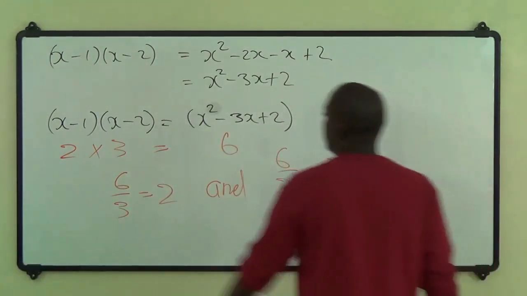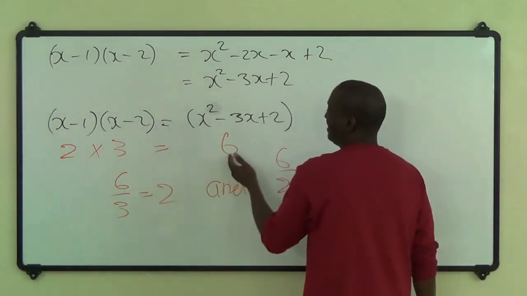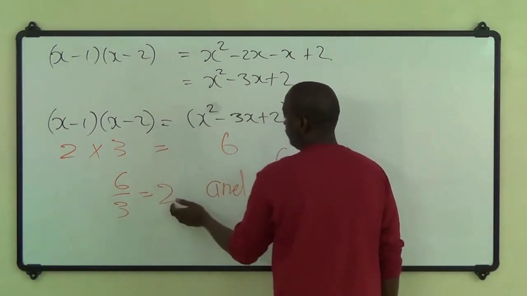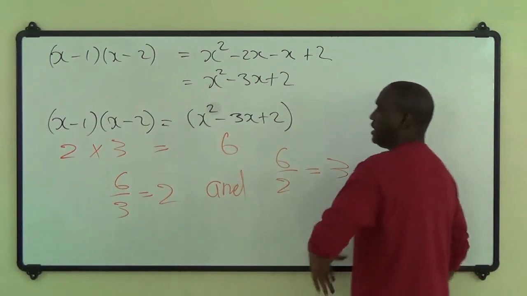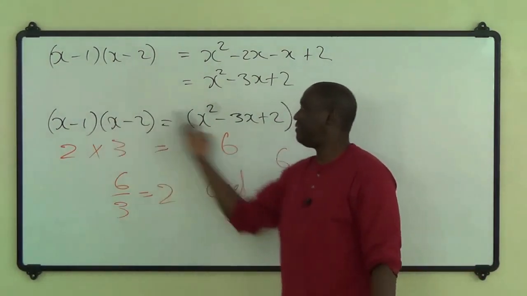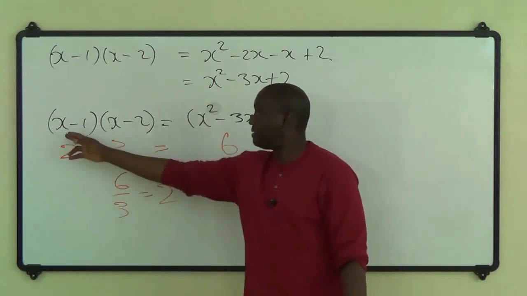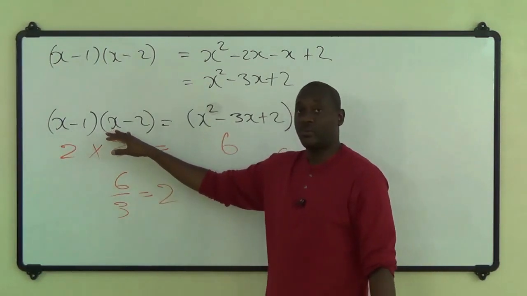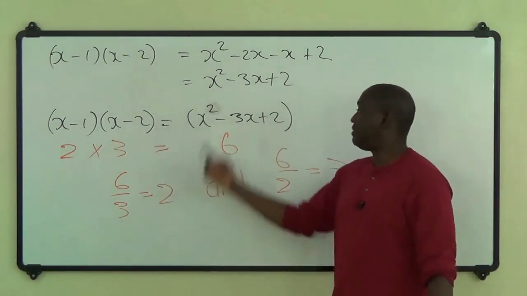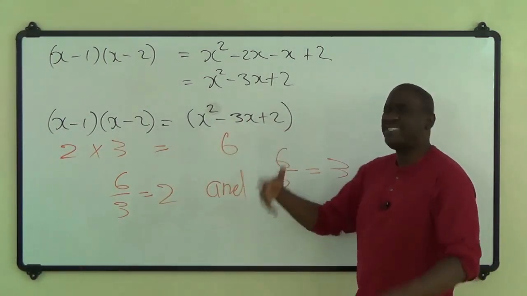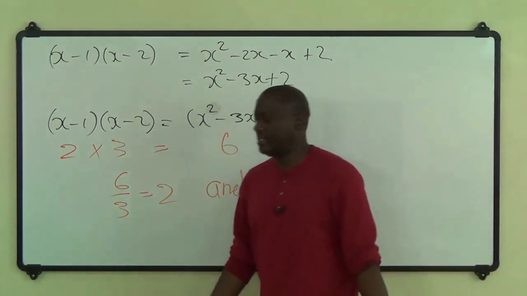So if 2 by 3 is 6, and 6 over 3 is 2, and 6 over 2 is 3, you don't expect it to be any different if you have x minus 1 by x minus 2 multiplying together to give you x squared minus 3x plus 2. It's the same thing.